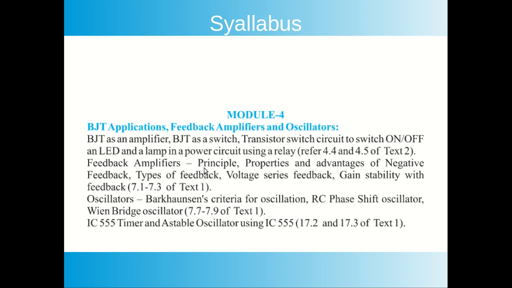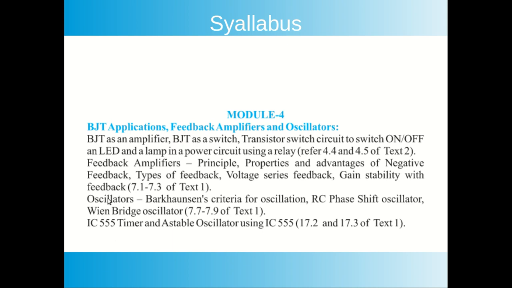In negative feedback, we have to study the principle, properties, advantages, and then types of negative feedback. There are 4 different types of feedback, out of which we have to study one, voltage series feedback, and then gain stability with feedback. These are all the topics we have to study about feedback amplifiers.